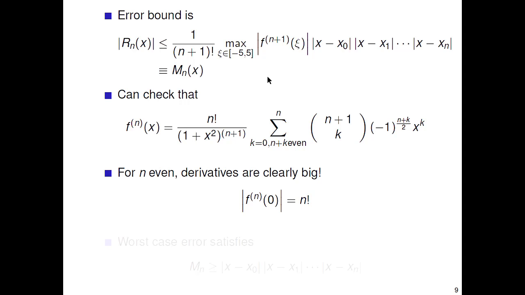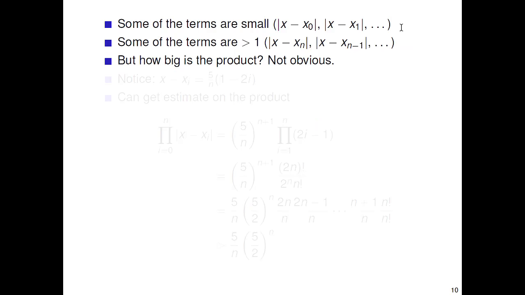They exist, they're continuous, but they get arbitrarily big, and that becomes a problem. And then we have this product that's not like the product we get in a Taylor remainder theorem, where we have something small to the n plus first power. Instead, we have to look at the product of all these different data points, and some of those get very small, but some of them stay big. The overall product didn't get small on us.